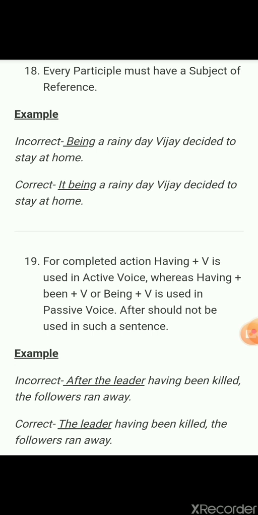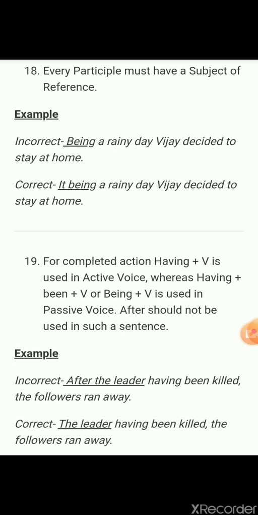Being a rainy day is not suitable here even while speaking, so we can find the error very fast. The correction is it being. Every participle must have a subject of reference; the subject was missing in the incorrect sentence, and we have provided it to complete it.